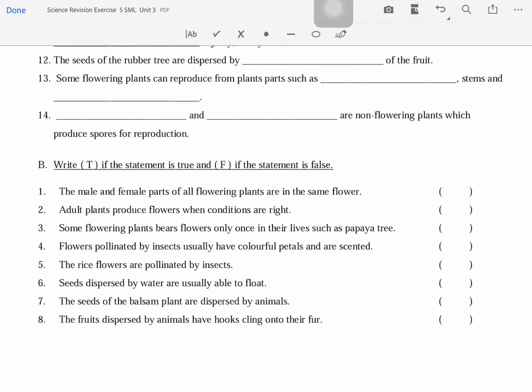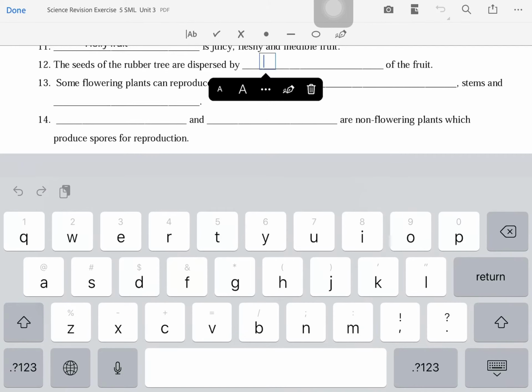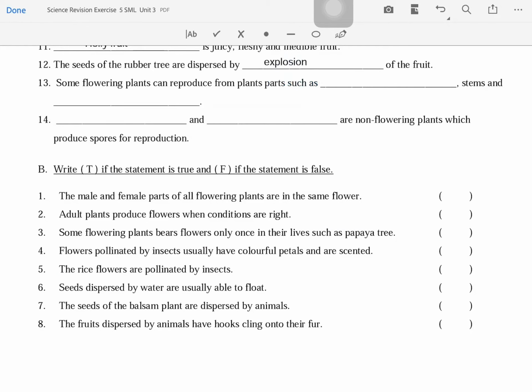It is in page 79. Okay, so rubber tree disperse their seed by explosion. Alright, by explosion of the fruit.